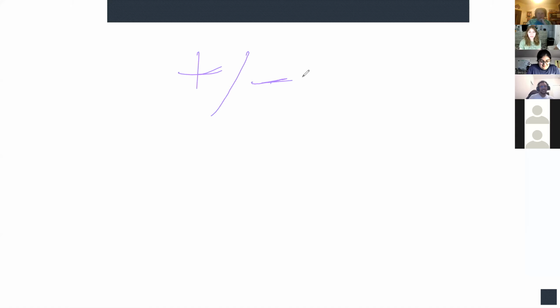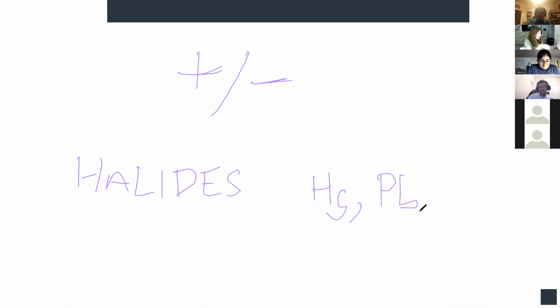The only time that this doesn't work is for halides with the 3 poisons: mercury, lead, and silver. And that's literally all you need to remember. If you remember that it's soluble, except for these exceptions, you're good.